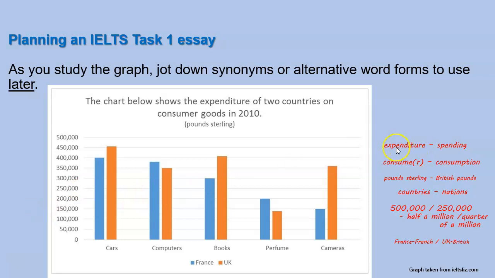Here I'm going to show you how to make notes about your vocabulary options. As you know, in the IELTS Task 1 essay, you need to paraphrase the graph title as a part of your introduction. And quite often, students will just go through and insert a synonym at every word that they possibly can.